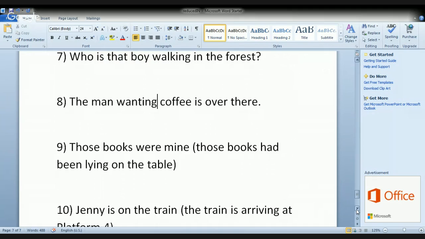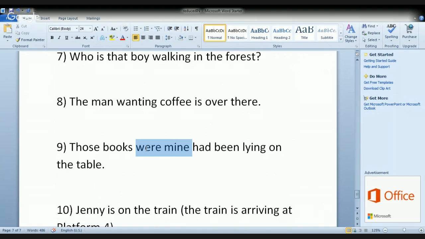Okay, so number 9 says, those books were mine. Those books had been lying on the table. All right, so those books were mine. Those books is repeated. There. Books were mine. Those books. We're just going to move these.